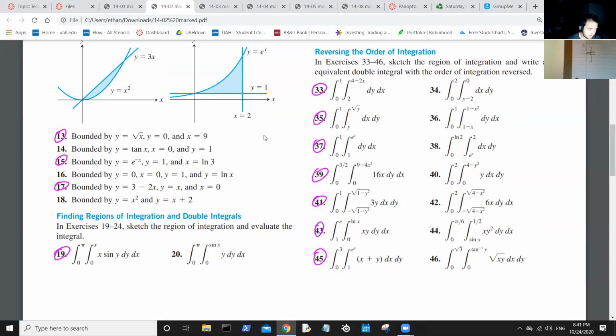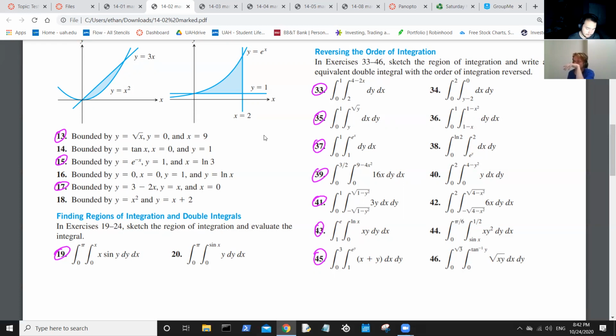All right, so looking at this, if we want to write an iterated integral using vertical cross sections, we get to pick the order here, but if we're going to do vertical, I say we pick x to be first, right?